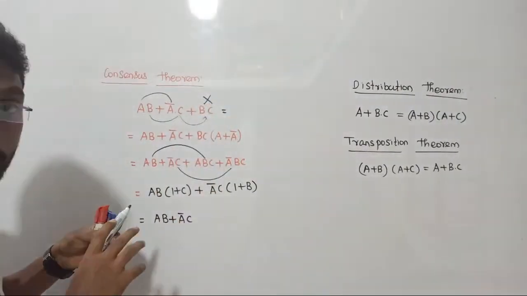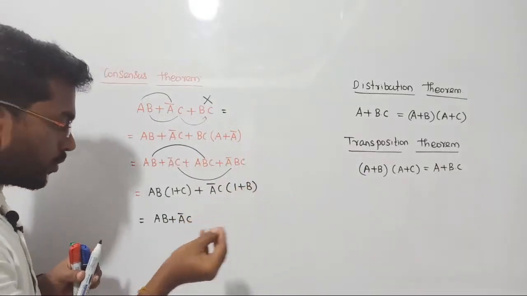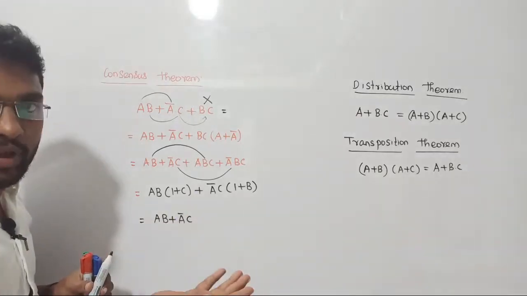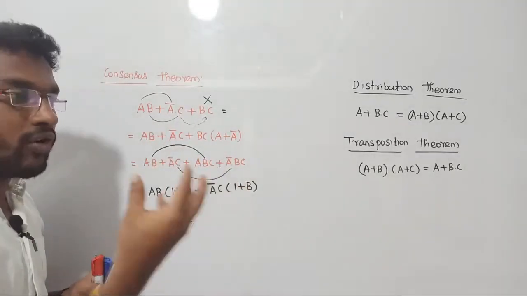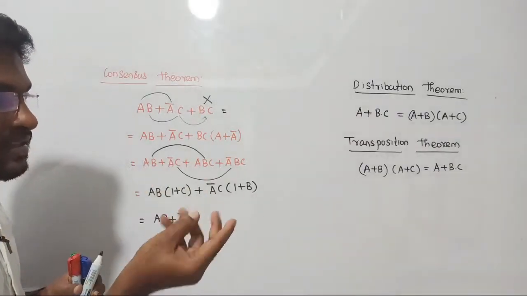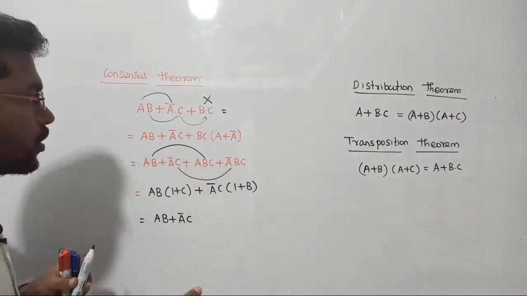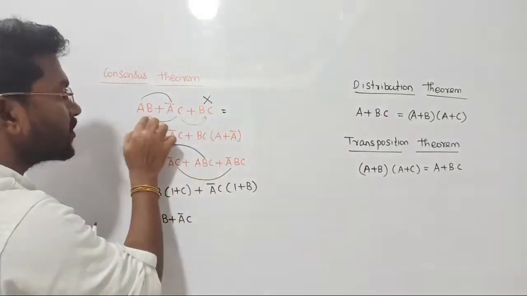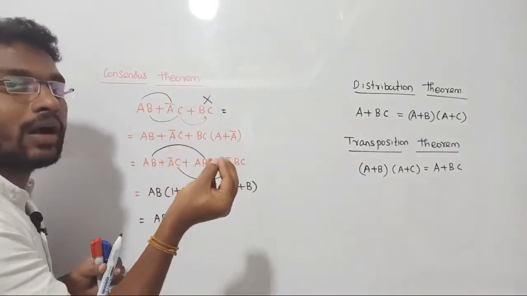The conclusion is that the expression we get in the output is the same. Are you getting me? I'm repeating once again. If I consider any logic system, a digital system, when I'm giving wiring to the logic gates, you unnecessarily do not need to consider this term. If you find any terms like this with this combination, you can just neglect them, and the term is simply called a redundant term.